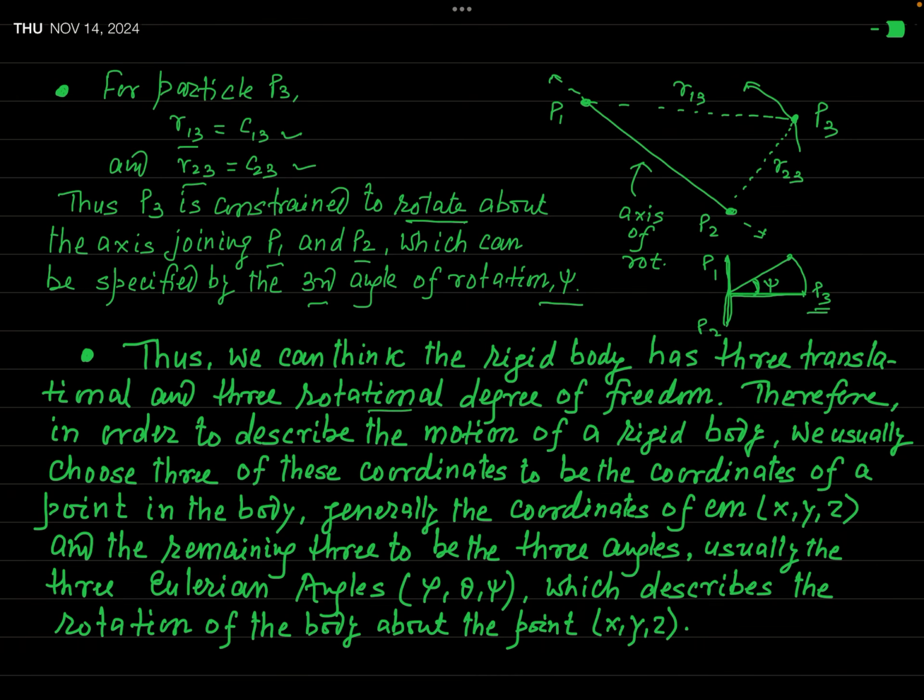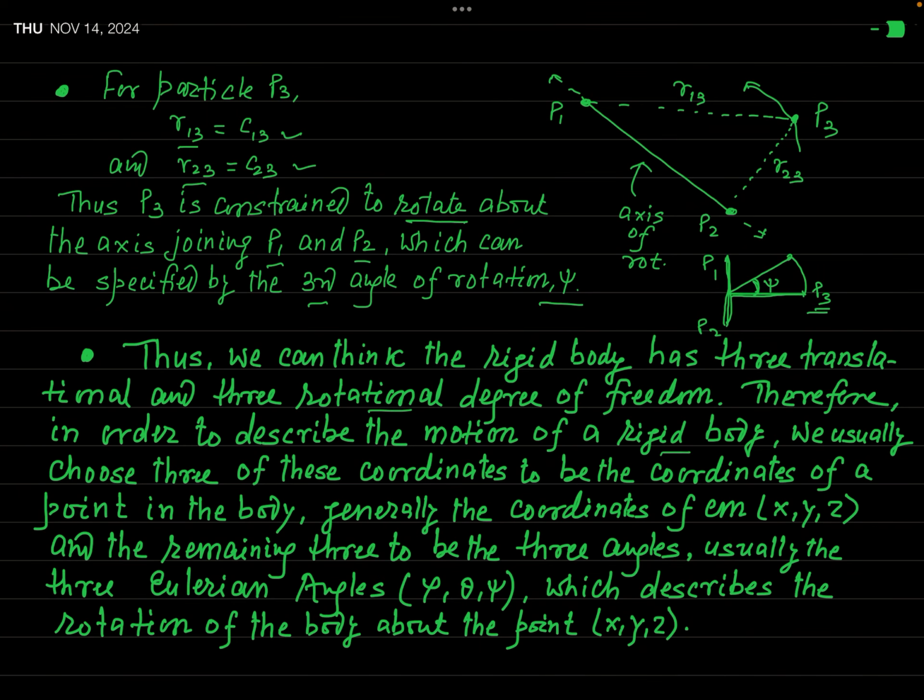Okay, so if your aim is to describe the motion of a rigid body, then usually you have to choose three coordinates of a point inside the rigid body. The point may be anywhere inside the body, but the most convenient technique is to take that very point whose three coordinates we will assign as the center of mass of the body.